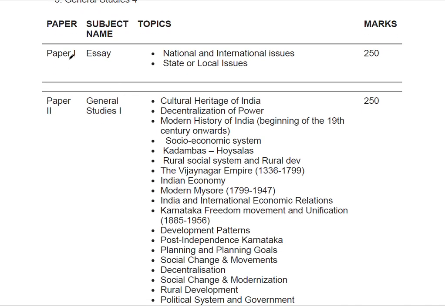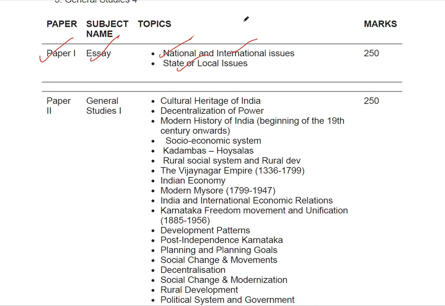First let's see the syllabus for each paper. As you can see here, this is paper 1, your essay paper, where you have to write an essay regarding national and international issues, state or local issues, for 250 marks. For example, let me give you a topic. Write about the agricultural problems or socio-economic development in the agriculture sector in India or in Karnataka.